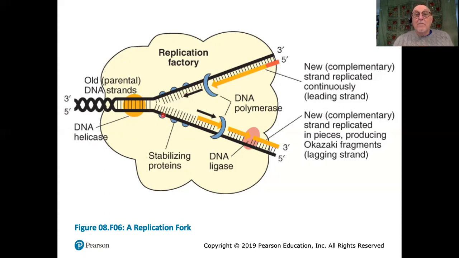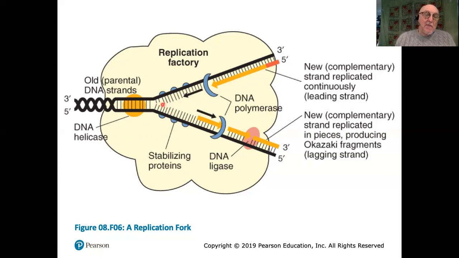So when a replication is taking place, the single-stranded DNA gets stabilized and protected by these proteins which are laid down, which are stabilizing proteins. And they maintain, for a little short distance, the freedom of the two strands so that they don't wrap around one another and they don't get damaged by the cell's protective mechanisms. So we've opened it up. This Y-shaped division here is called the replication fork. So there's the replication fork there.